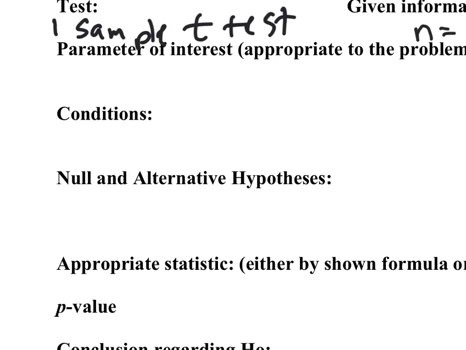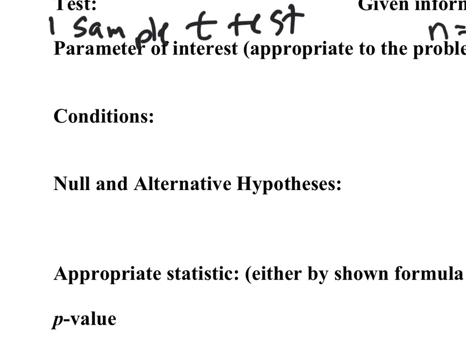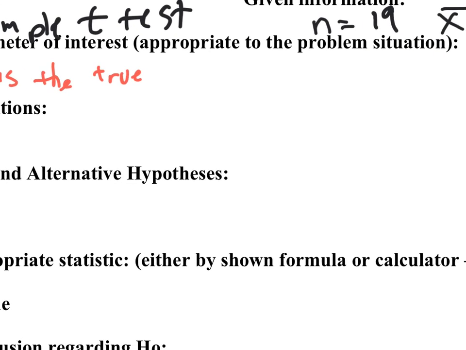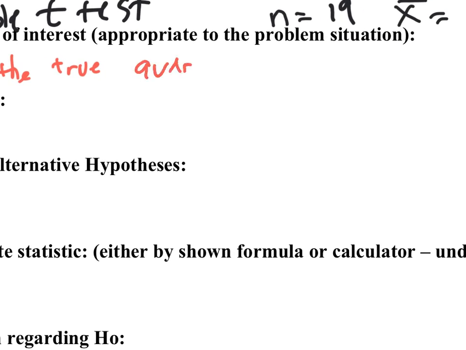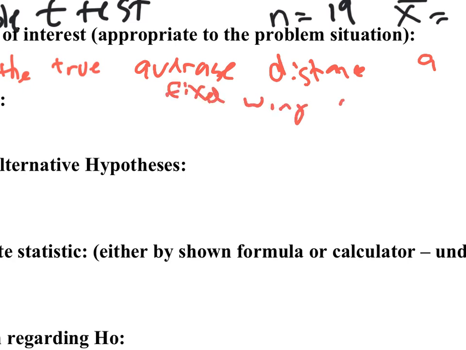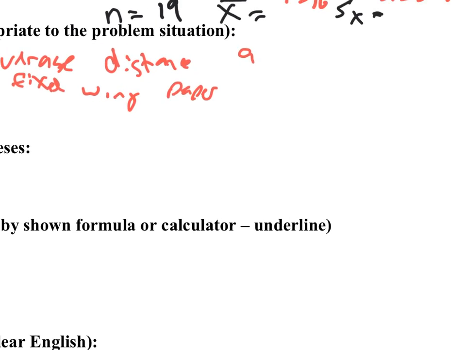Ladies, parameter of interest. Mu. Mu is the true average distance a fixed wing paper airplane travels.